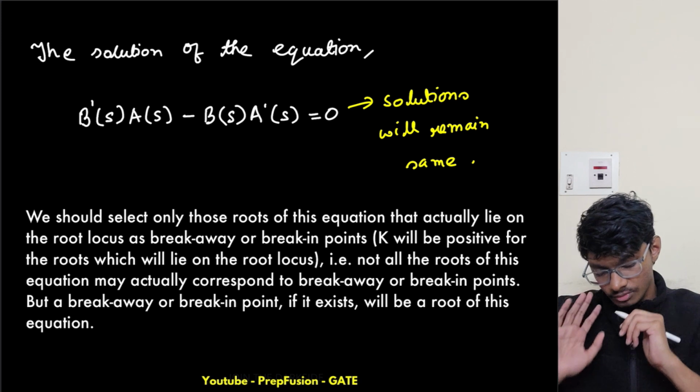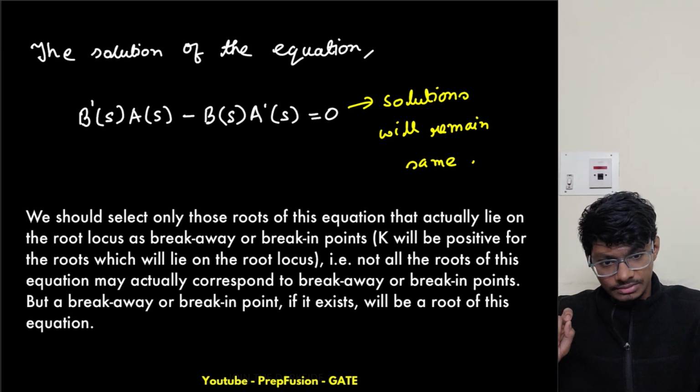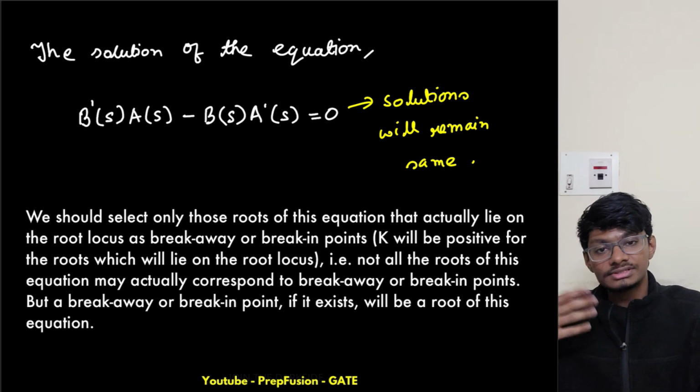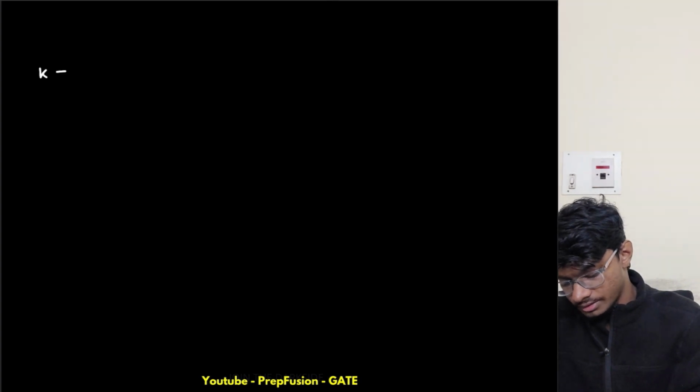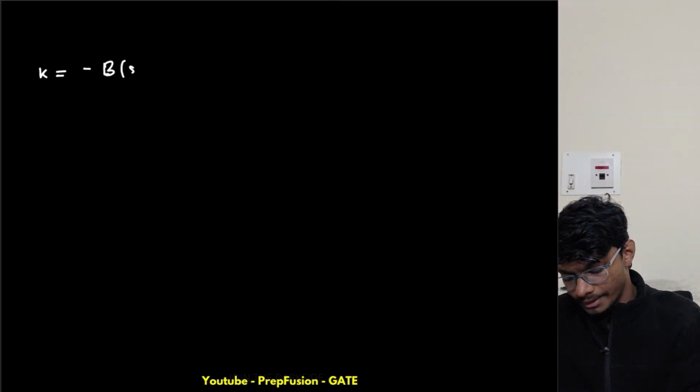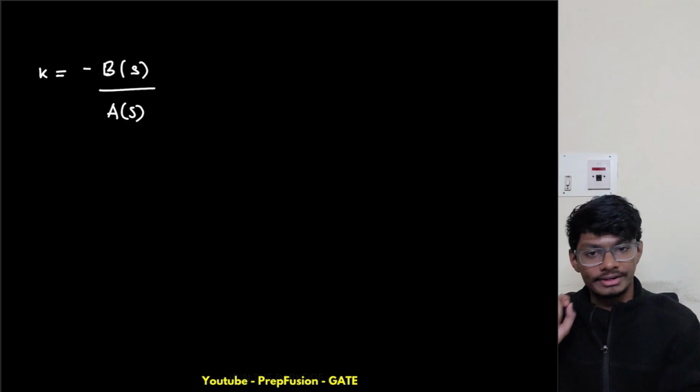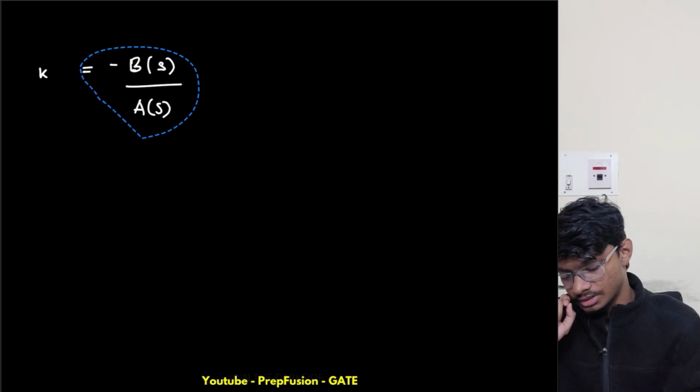You just check and you will understand. The characteristic equation has changed, so the value of K will also change. Initially what was my value of K? It won't be minus B of s upon A of s any more at that particular test point.